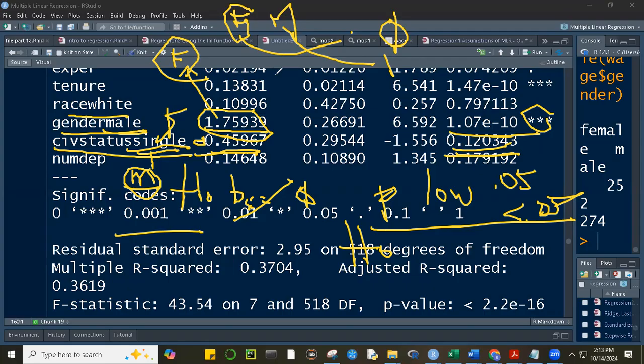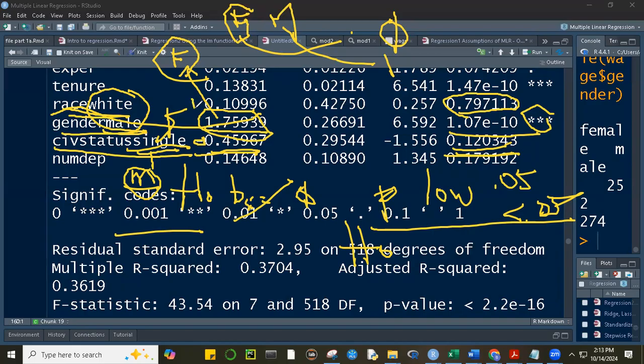Ganun lagi ini-interpret. Ito din class, no? Race white. Assuming na significant to, pero hindi significant, no? Hindi siya significant. Pero assuming na significant to, how do we interpret this? On the average, class, white employees on the average receive $0.11 more.